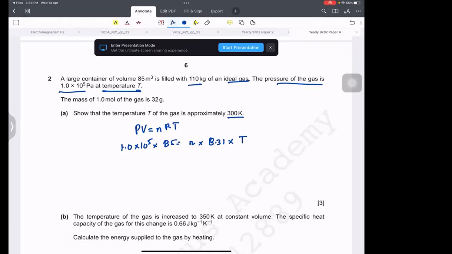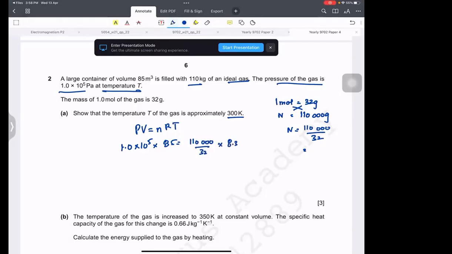well if 1 mole is 32 grams, then how many moles will be in 110,000 grams? So we're going to cross multiply. Divided by M_r. So what was the moles? 3437.5.